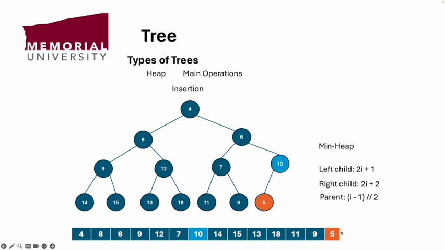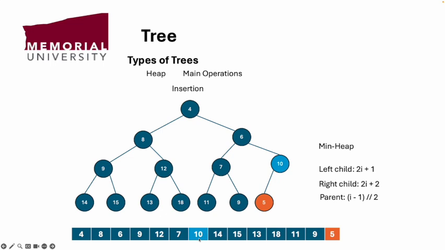For the 5, we can calculate the index here: 0, 1, 2, 3, 4, 5, 6, 7, 8, 9, 10, 11, 12, 13, right? 13 minus 1 is 12, divided by 2 is 6. 0, 1, 2, 3, 4, 5, 6. Okay, 10 is their parent.